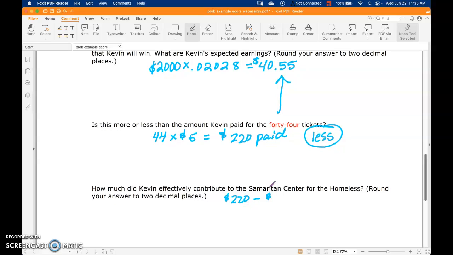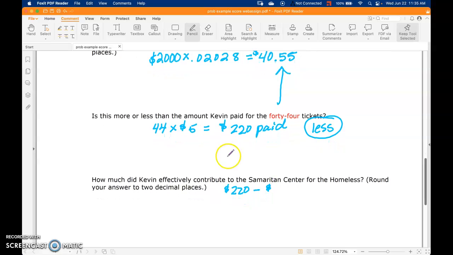When we take his expected earnings, he might earn $40.55, because remember, that is from the question above. That gives us what he actually contributed. If you subtract that, we'll find out that the amount from the tickets that goes to the homeless shelter is $179.45. So I appreciate you asking. I hope that helps.